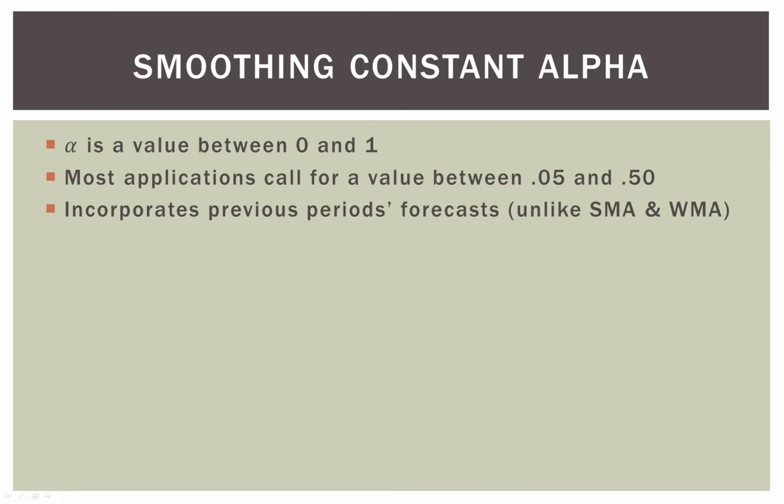In the weighted moving average, we picked a certain number of years we wanted to average together, but for each individual year, we gave each one a weight, and then we divided by the sum of our weights. In neither case did we use any forecasted values. We were only using actual historical data. But in the EMA, we are actually incorporating the prior year's forecasts, and that's what makes it unique.